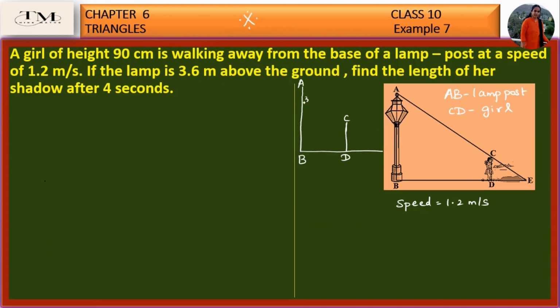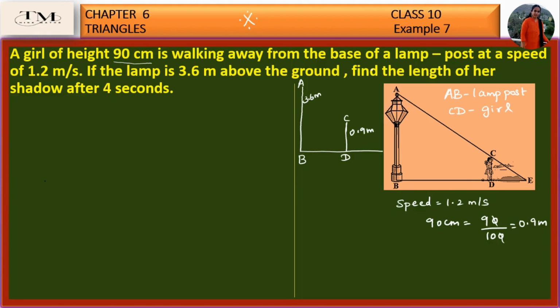CD is the height of the girl, which is 90 centimeter. Here everything is in meters, so let us convert 90 centimeter to meter. Just divide by 100. The zeros get cancelled, so 9 by 10 is 0.9 meter. So CD is 0.9 meter. Understood?